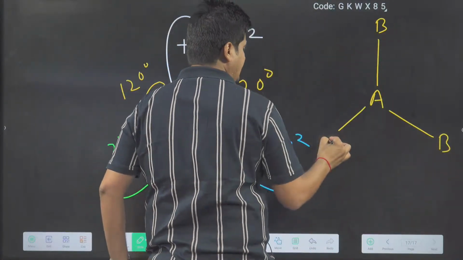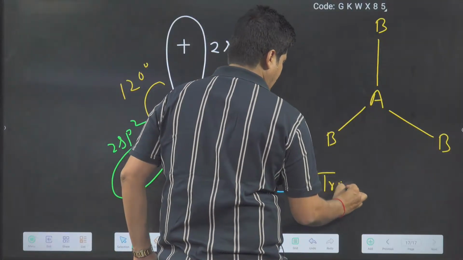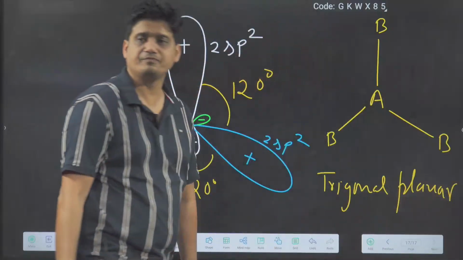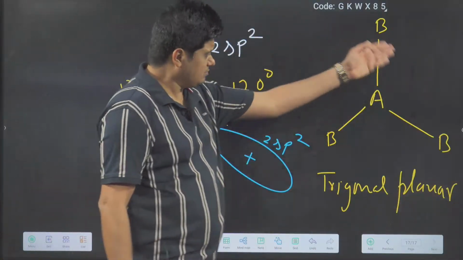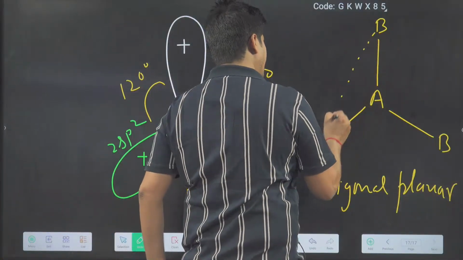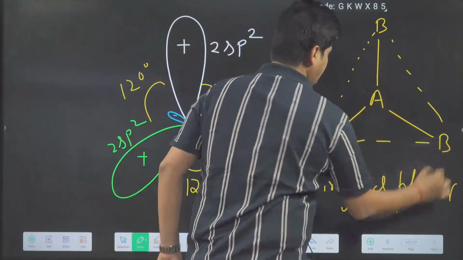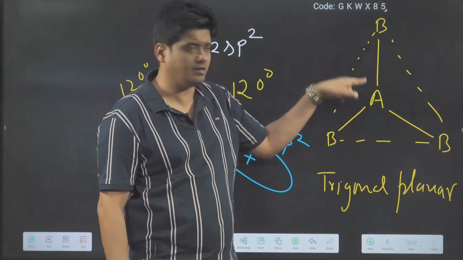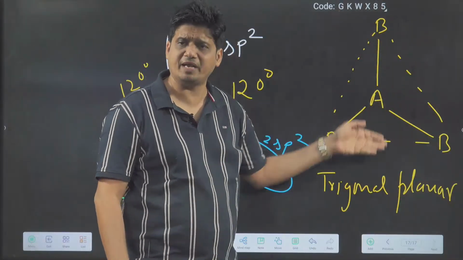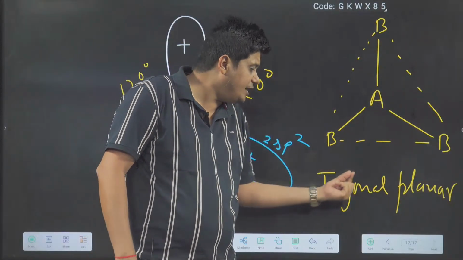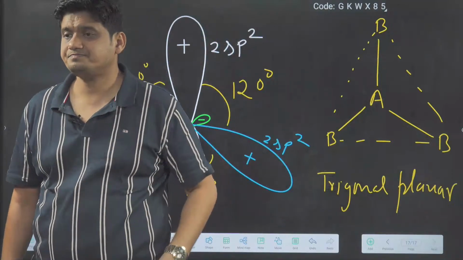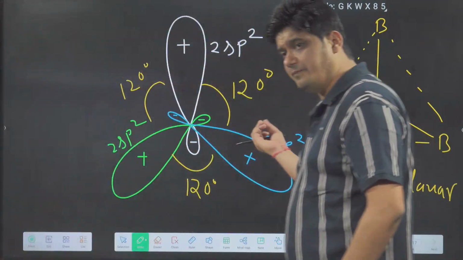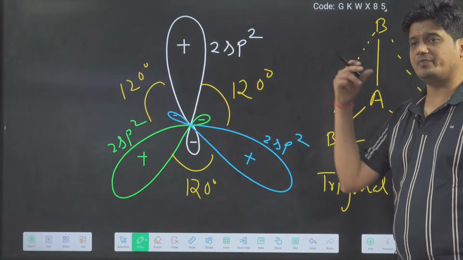Then this geometry can be named trigonal planar. If I join these three B by hypothetical lines, it makes a triangle, and all are present in the same plane. Atom A and all these three B atoms are in the same plane. That's why the name is trigonal planar. Okay or not? So by this also we are proving it is minimizing the repulsion.